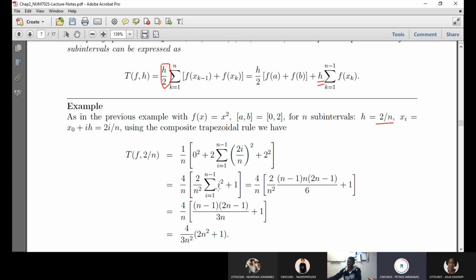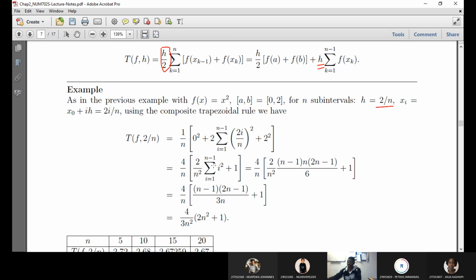We rearrange and get this expression. We know that the sum of i squared will be equal to this expression by 6, and we add the 1, and we have this factor 2 by n squared.